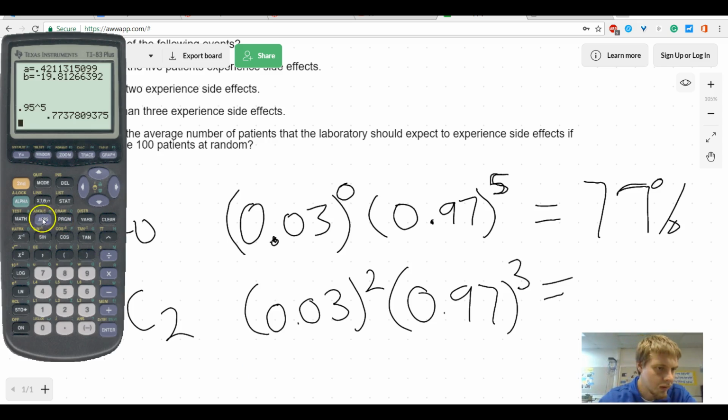So that would be math probability, 5 choose 2 times 0.03 to the second times 0.97 to the third. And that looks to be around 1%. A little bit less than 1%, but close to there.